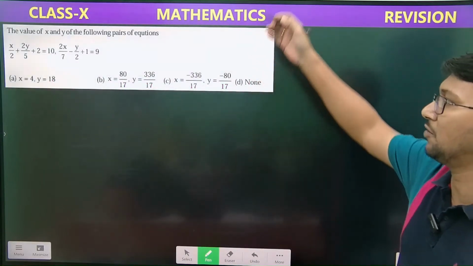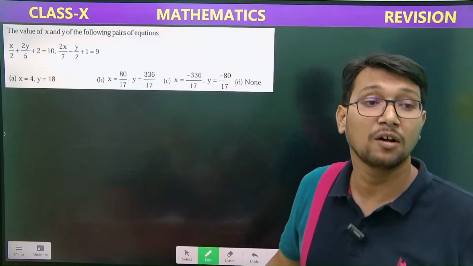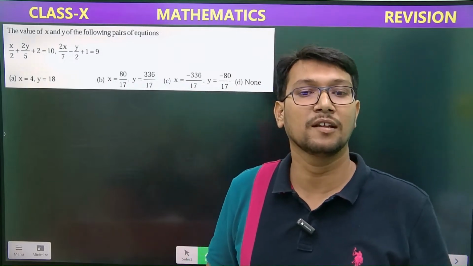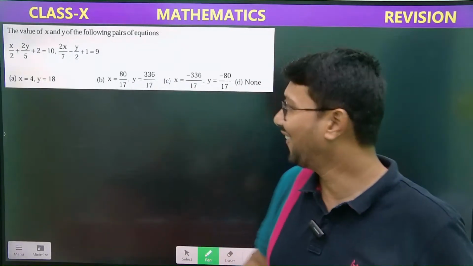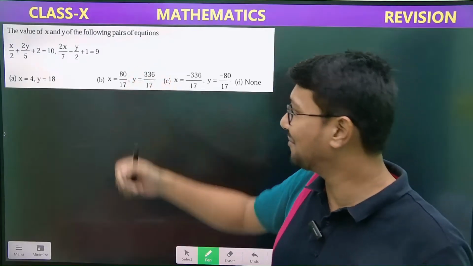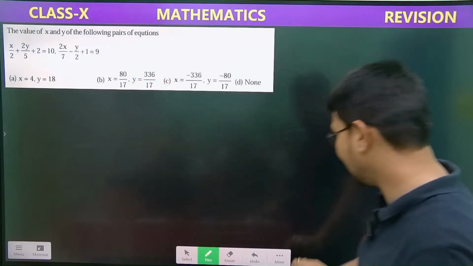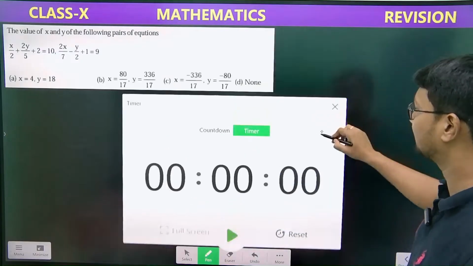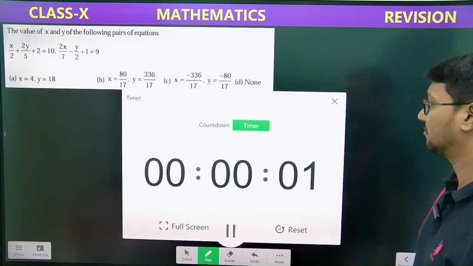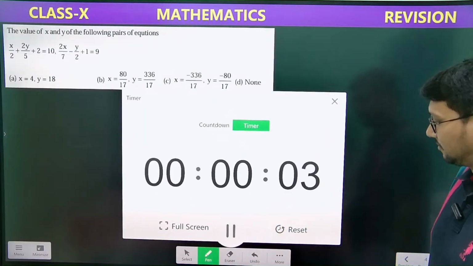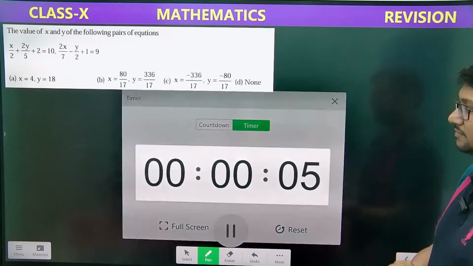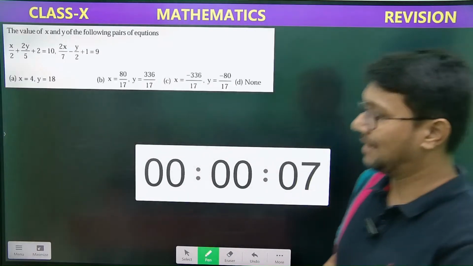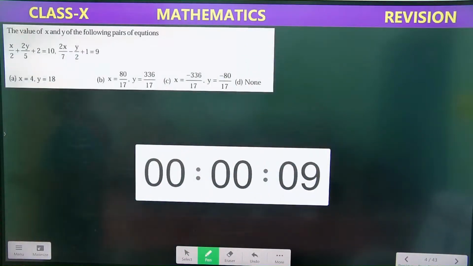Chalo, moving to the next question, bacchon. Next question in front of you. It is from which chapter? Bolo. Linear equation in 3 variable. Oh, 1 variable it is. About 2 variable. Chalo, time starts now, bacchon.